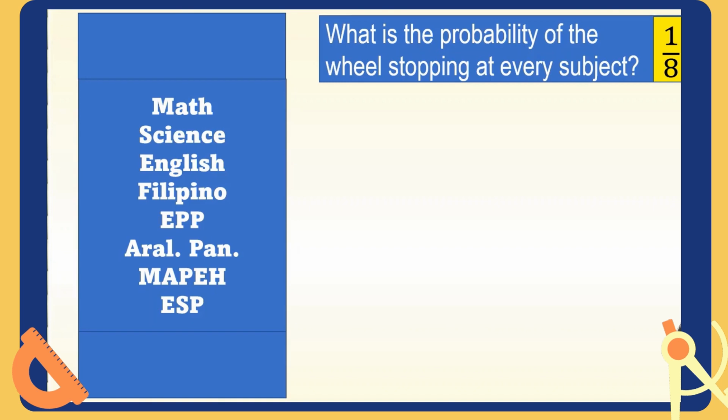Okay? So, 1/8. Isang math sa 8 subject, isang beses na hihinto ang math, isang beses na hihinto sa science, isang beses na hihinto sa English, up to ESP. So, the probability of the wheel stopping at every subject is 1/8.